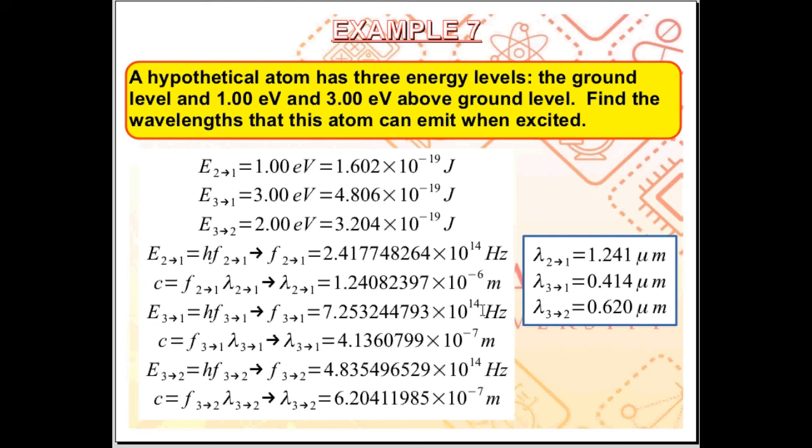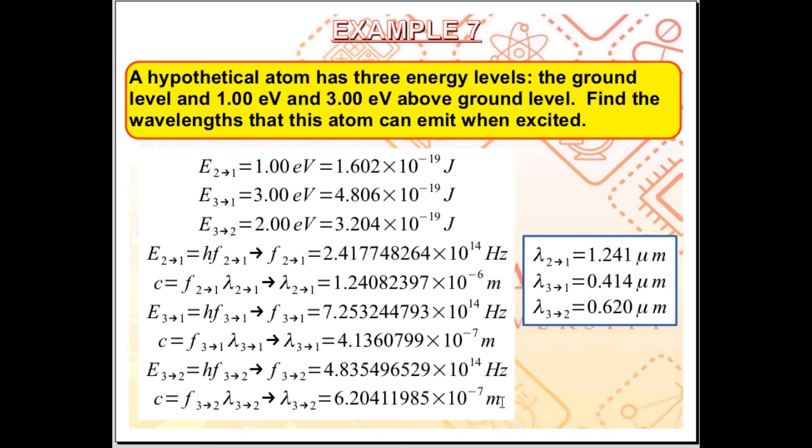And each frequency has a corresponding wavelength. c, the speed of light in vacuum, is just equal to f lambda. So for every f, there's a corresponding lambda. We are able to calculate three wavelengths for the three photons emitted.